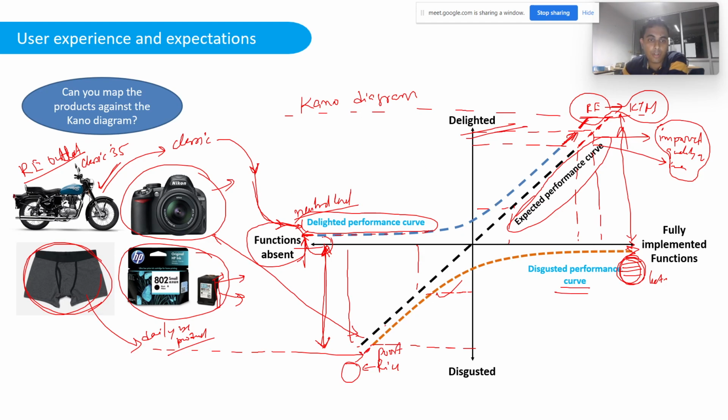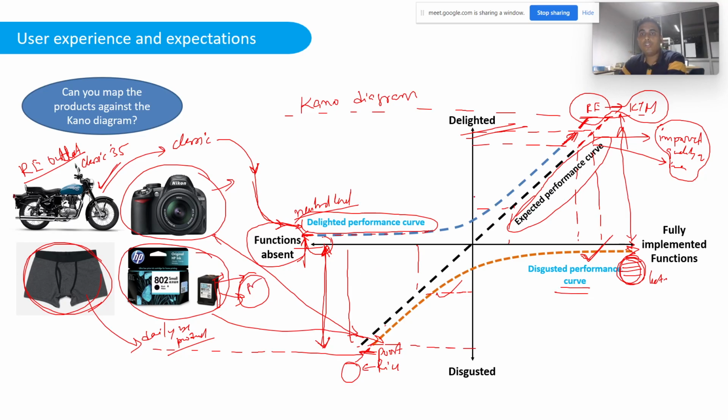So this product will follow this orange curve, which is the disgusted performance curve. That means if the cartridge is bad, if it is printing poorly, you will have a bad experience. But if it is printing very good quality pictures, you will not get delighted, but you will be neutral. That is what was expected from such a product.